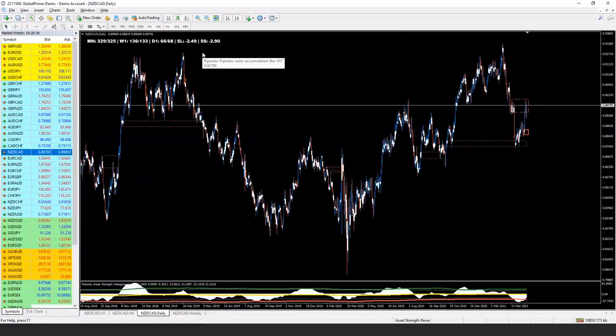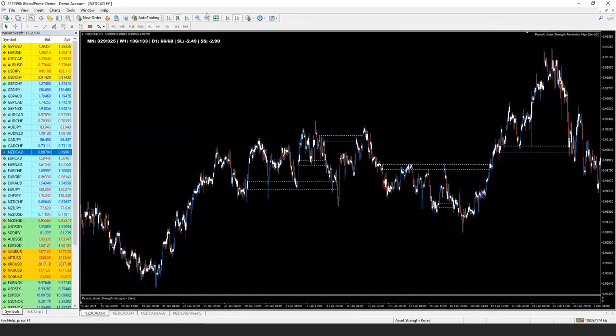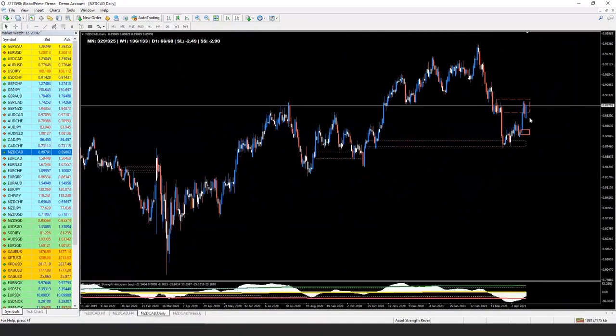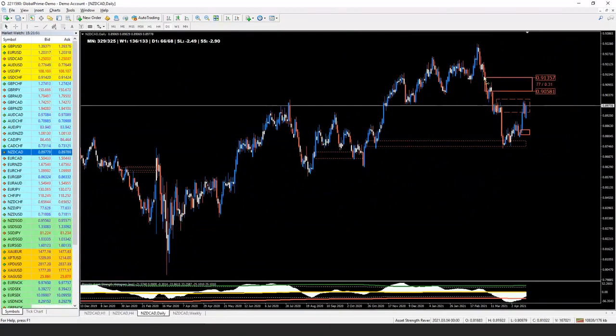and I look for a place to sell. Okay, let's have a look here. So I'm going to look to sell. You can see the price is poking up into this area of child supply. This is a child because when this area formed, it almost formed as a result of the existence of this. So I wouldn't sell here, but I would feel more comfortable looking at this area here.